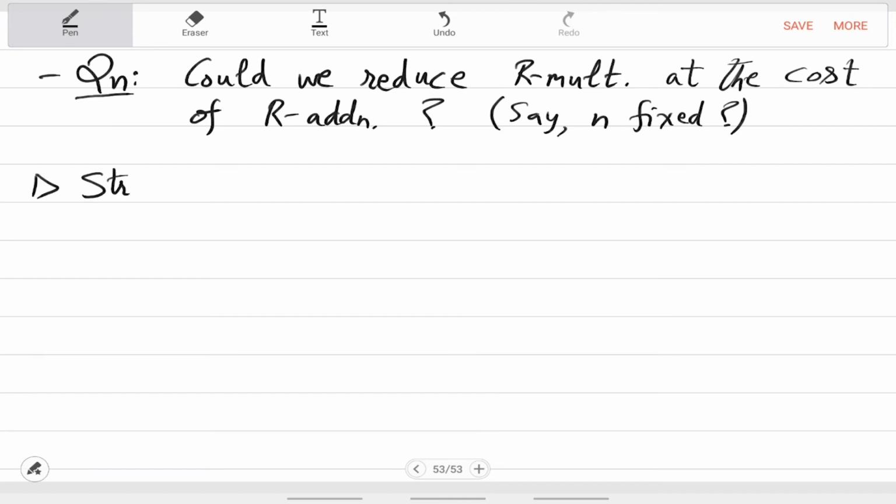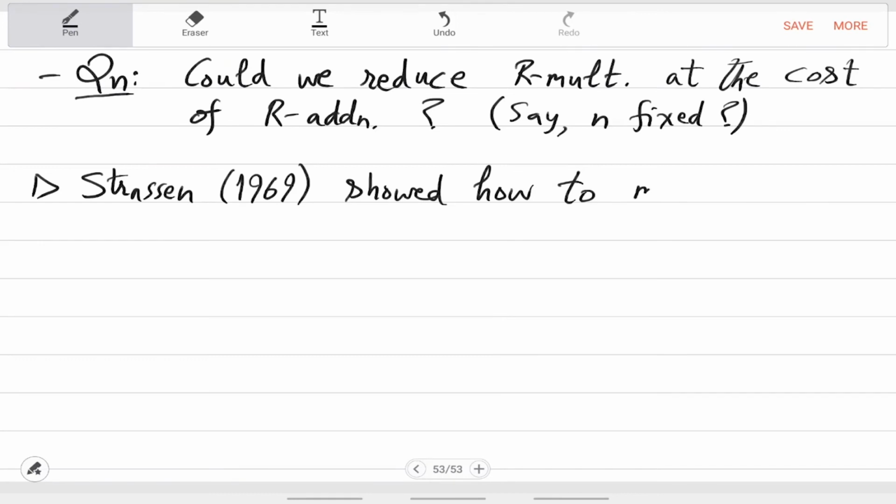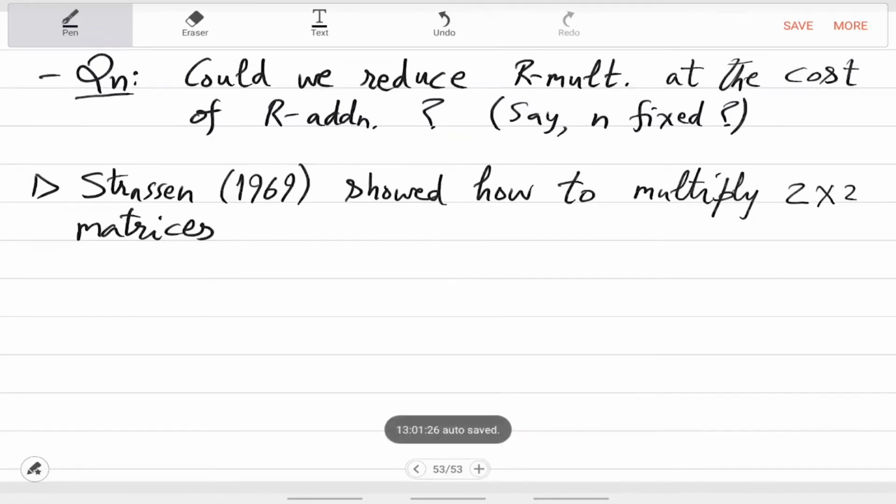Strassen showed that, and it was a big surprise: how to multiply 2 by 2 matrices using 1 less than 8 multiplications. 2 cube is 8 by definition, and he can do it in 7.